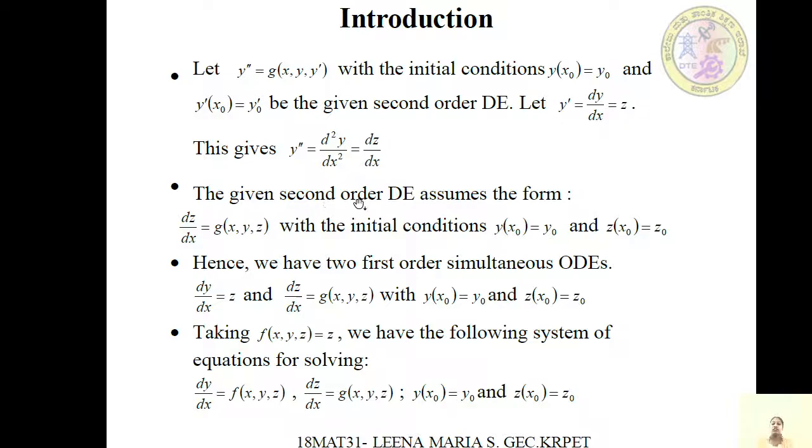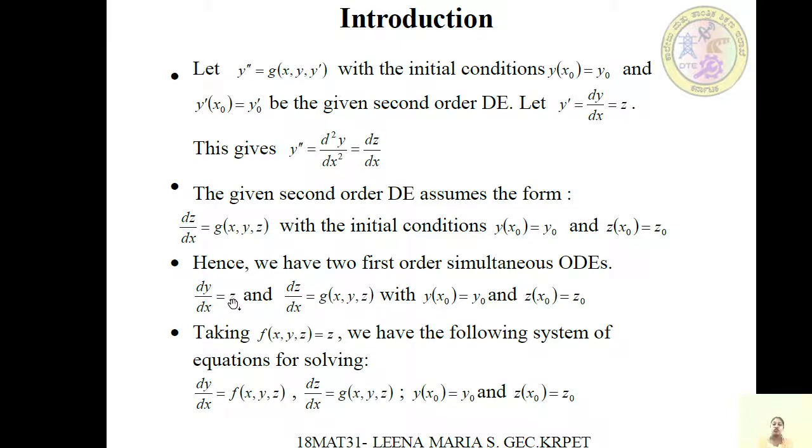The given second order differential equation assumes the form dz by dx is equal to g of x comma y comma z, with the initial conditions y of x naught is equal to y naught and z of x naught is equal to z naught. Hence, we have two first order simultaneous ordinary differential equations.